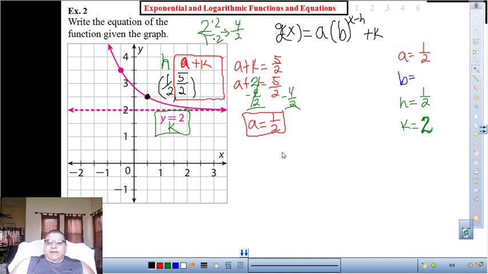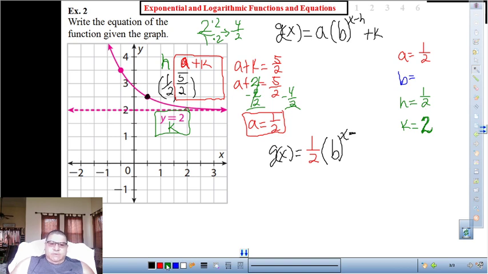So I'm going to write the whole equation, and I'm going to substitute all these values. So here we go. I'm going to write g of x equals, what is a? 1/2 times b. Then we got x minus, what was h?